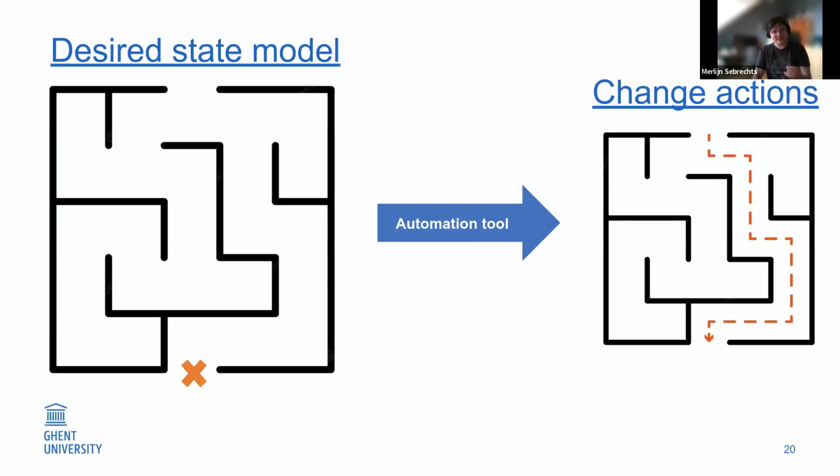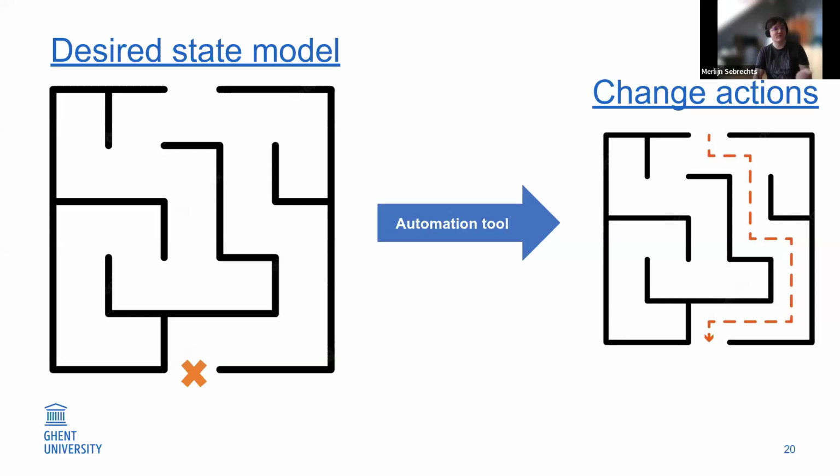Let's say that you know the end result of your servers. You know this version of Java needs to be installed. These configuration files need to have these values. This needs to be that. The idea of infrastructure as code is that you create a desired state model. This is a model that describes the desired end result of your servers.